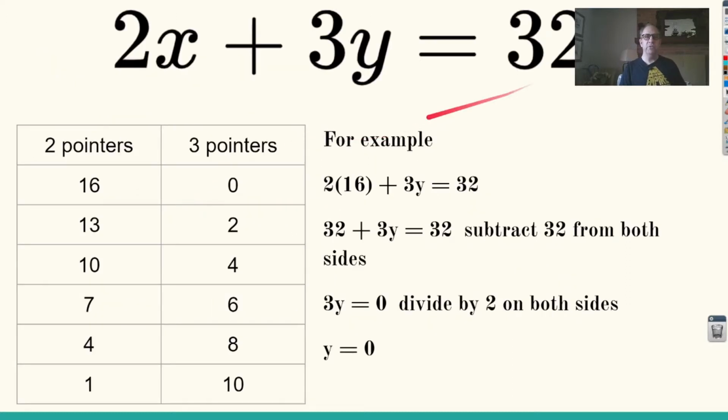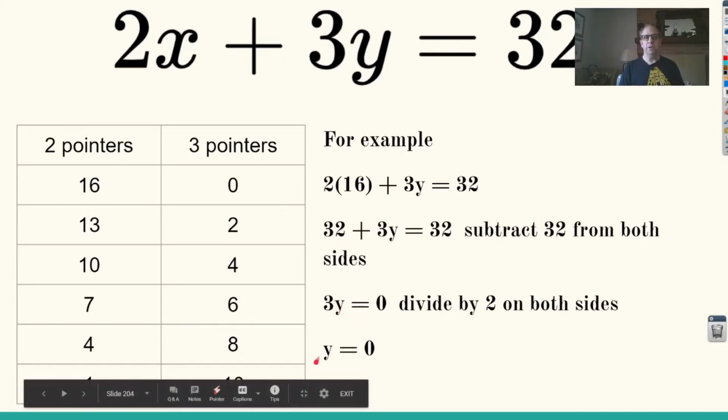So we just substitute the number of 2-pointers, and that gives us the number of 3-pointers she made. So for example, if she did 16 two-pointers, she scored 32 points in two-pointers. 32 plus 3 times the number of y, three-pointers, equals 32. I subtract 32 from both sides. 3y equals 0. Divide by 3. That means she made 0 three-pointers.